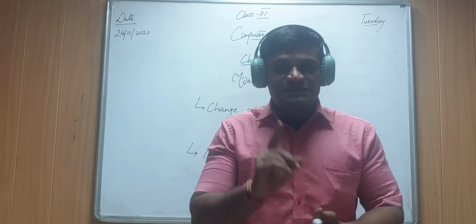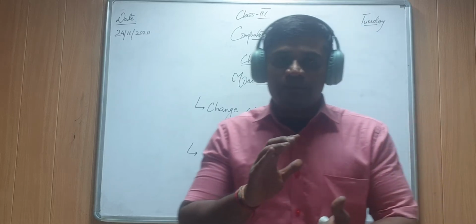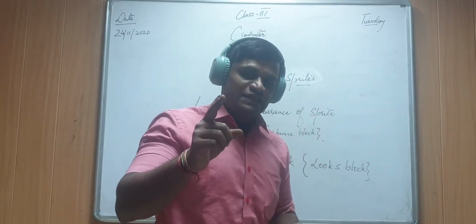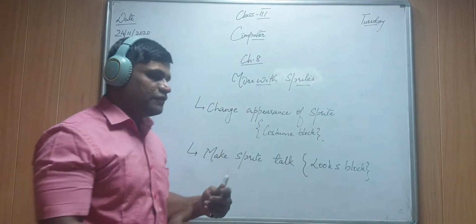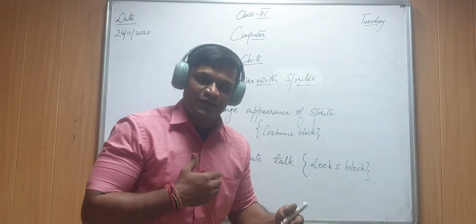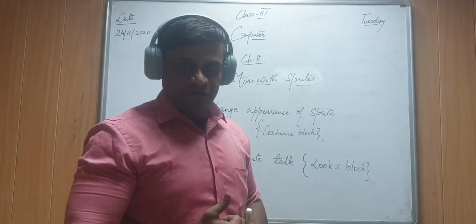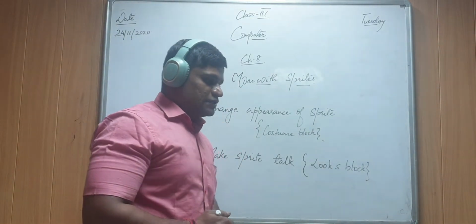So the clap is the trigger action. When the sprite reaches that trigger action, it will talk, or it will deliver the dialogue which you have given. So this will be your second topic.